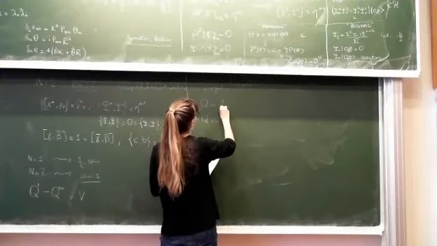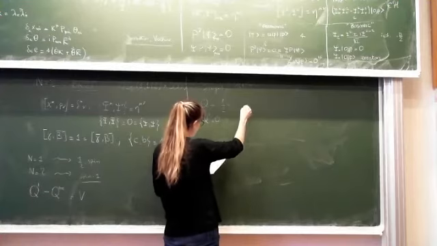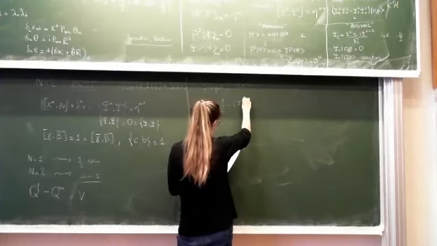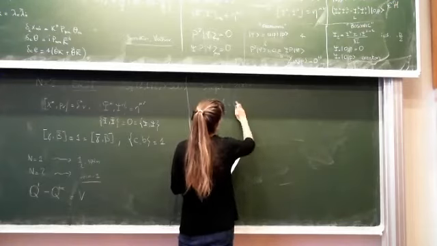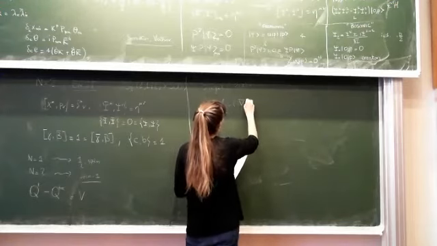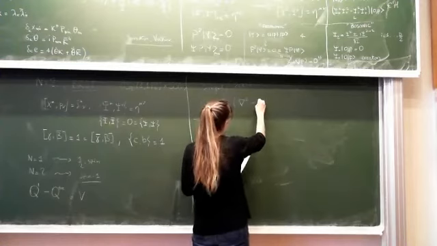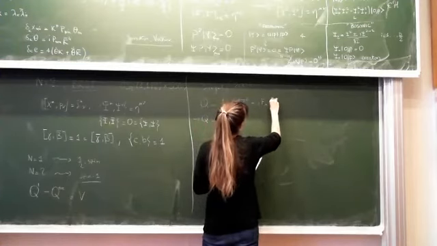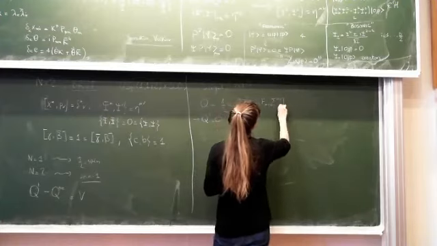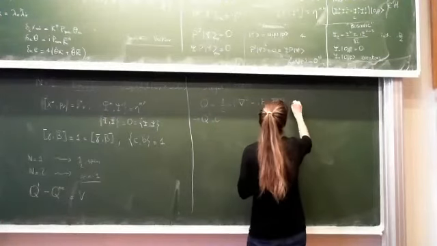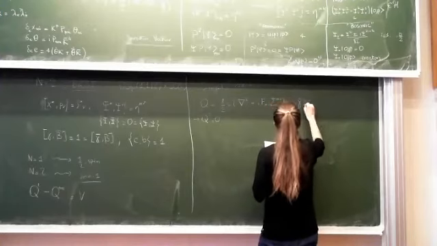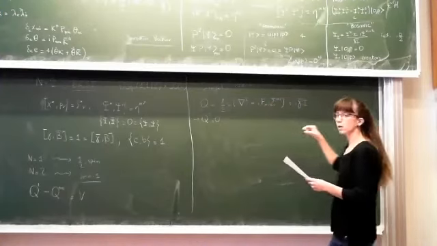For Q, I wrote down 1 alpha C. So, no, sorry, lambda squared plus i. So this is constructed from the elements of the algebra.